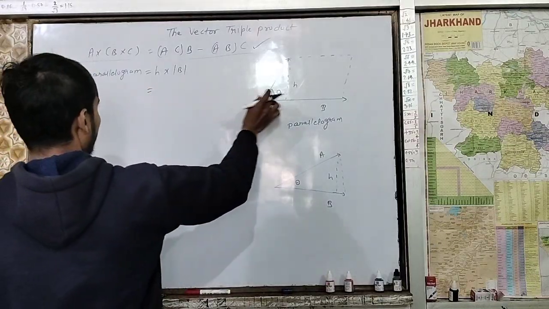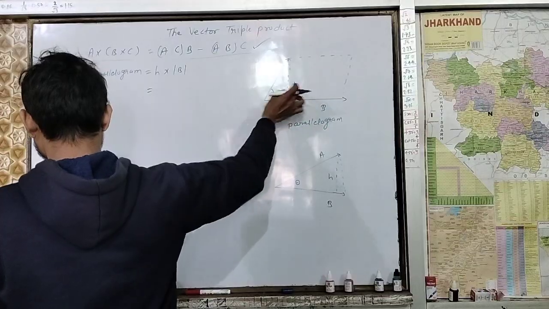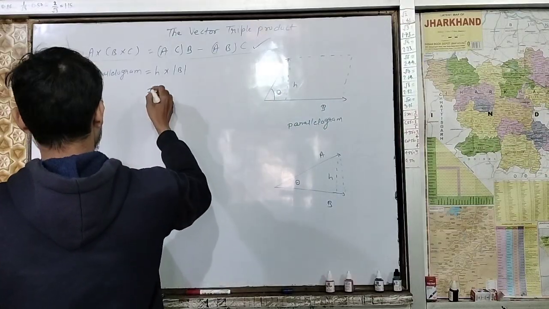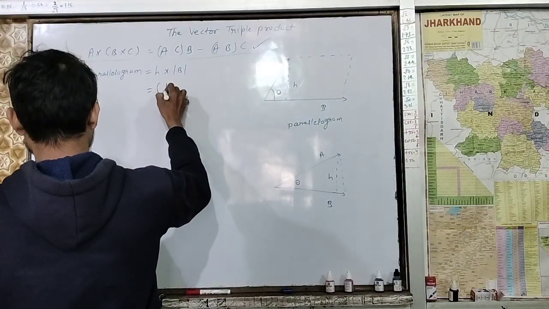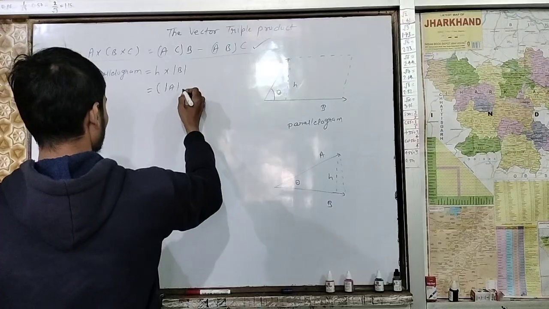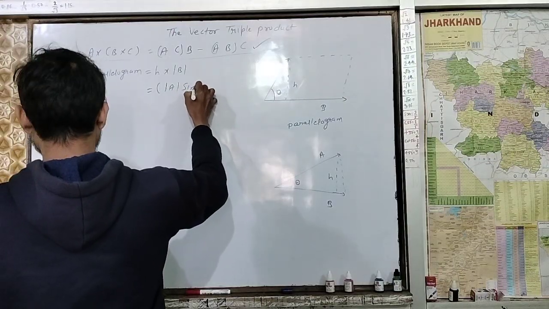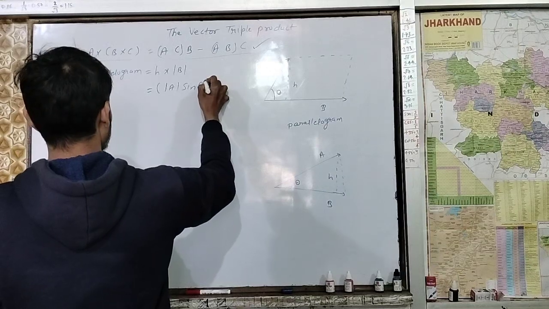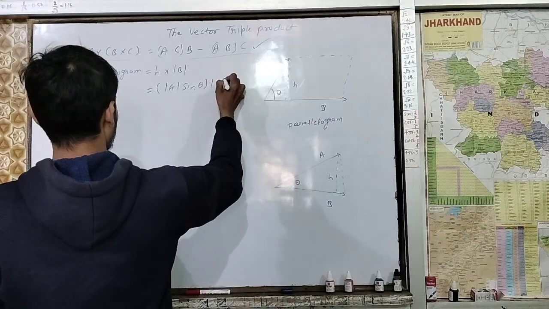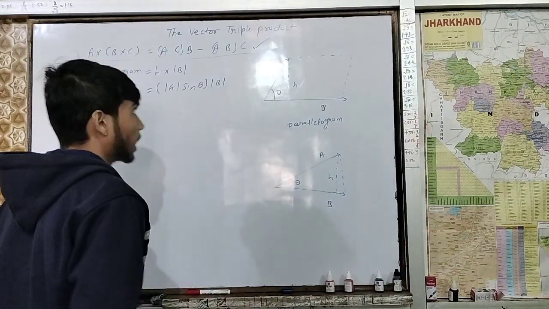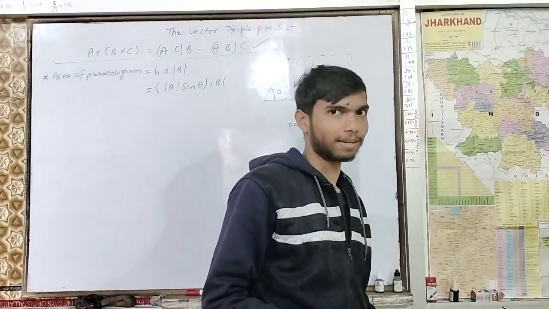So over here, this will become vector A sin theta times the magnitude of B. Try to understand.